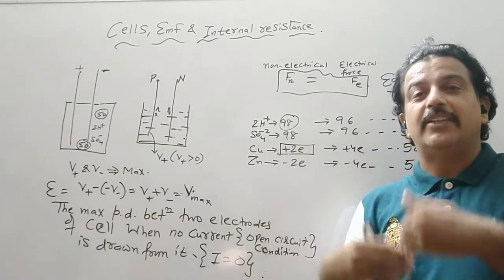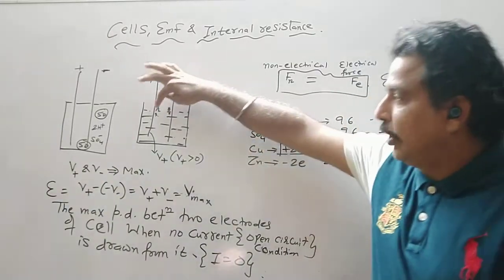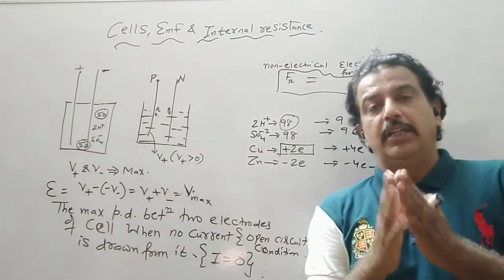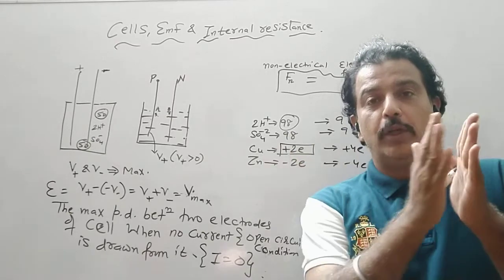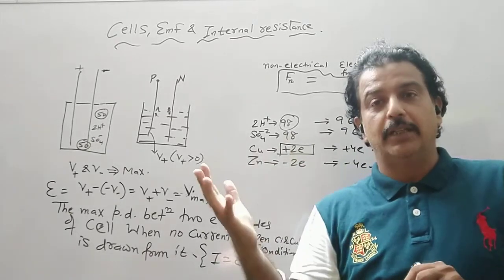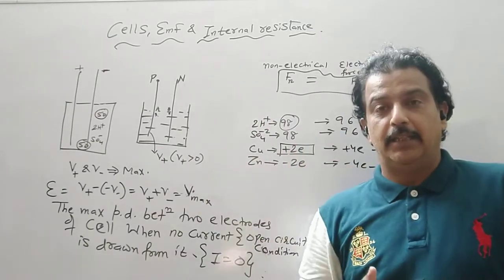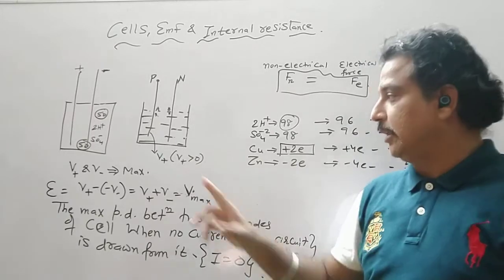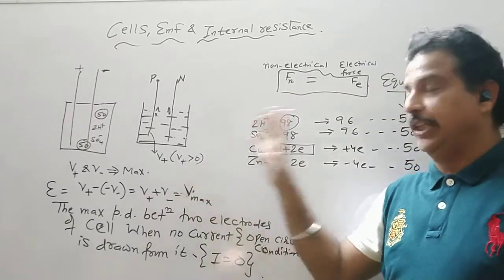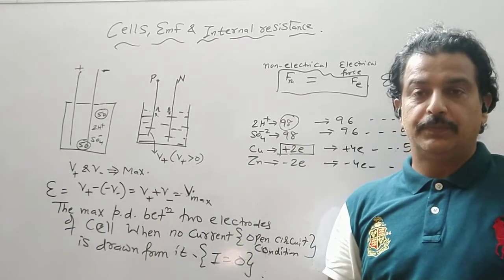Let us assume it has moved from point A to P. If it has moved from point A to P, it will create a potential difference. And if you remember, the potential difference will be Vp minus Va, that is high potential minus low potential, so it is greater than 0.